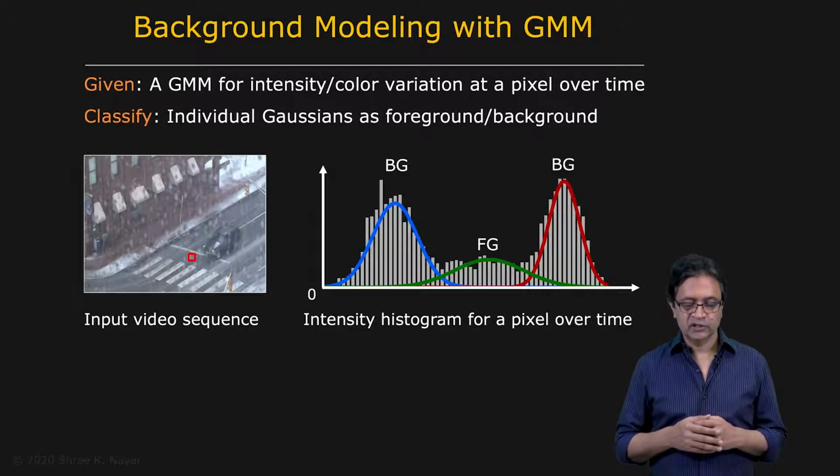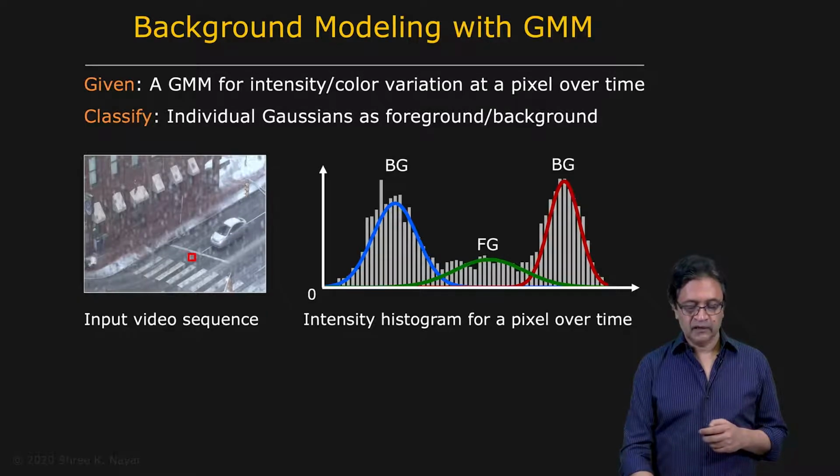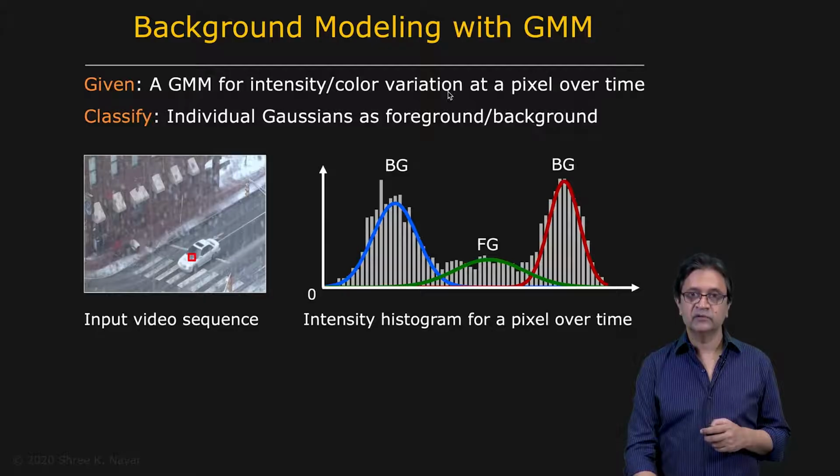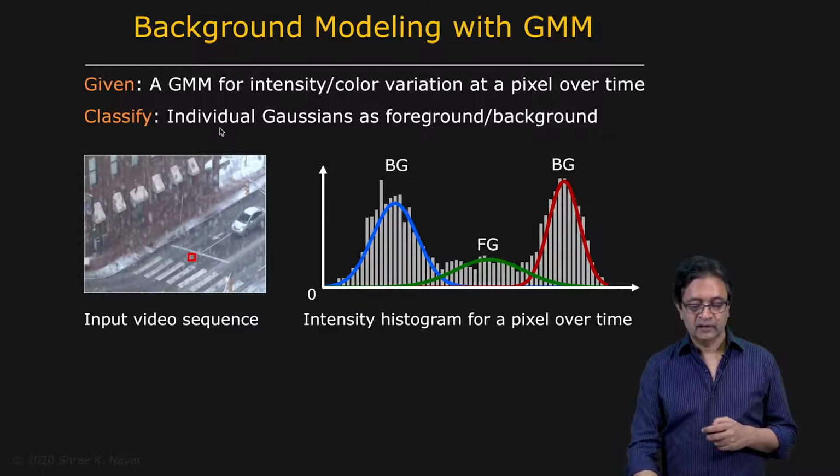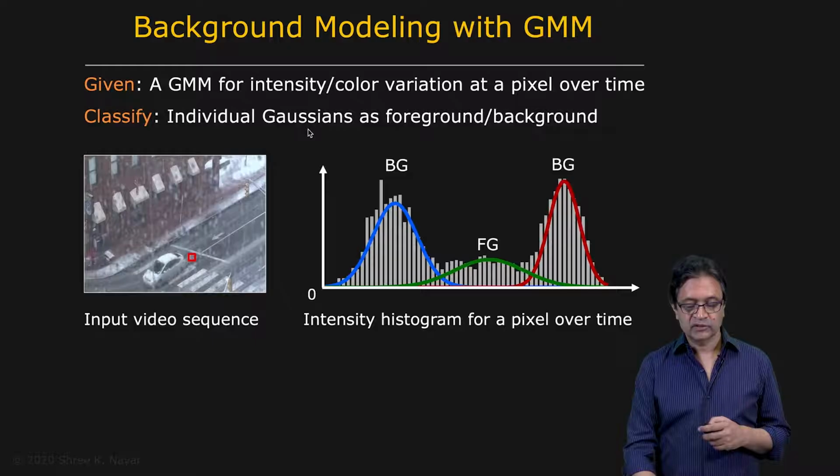All right, so let's come back to our problem now. How do we use the GMM model? Given a Gaussian mixture model for intensity or color variation at a pixel over time, we have the following problem to solve: we want to classify each one of the Gaussians as being either foreground or background.